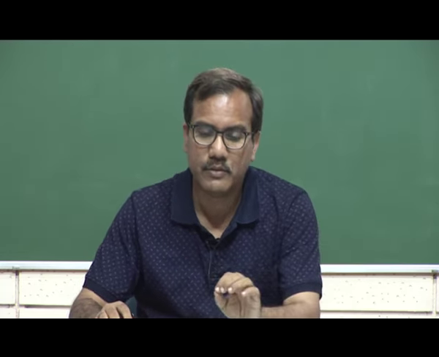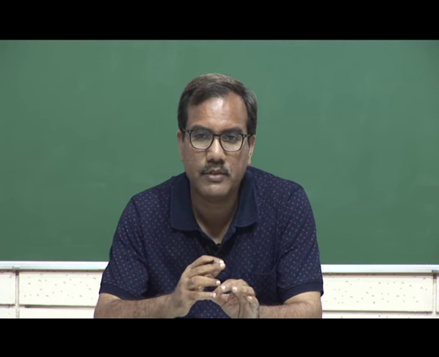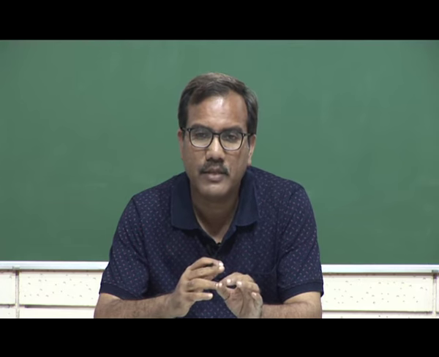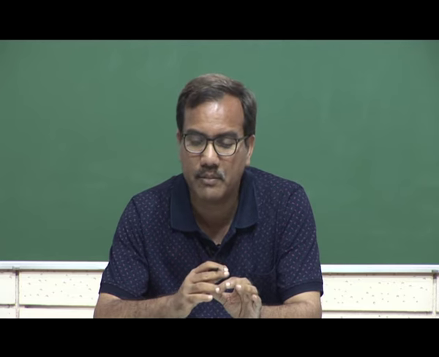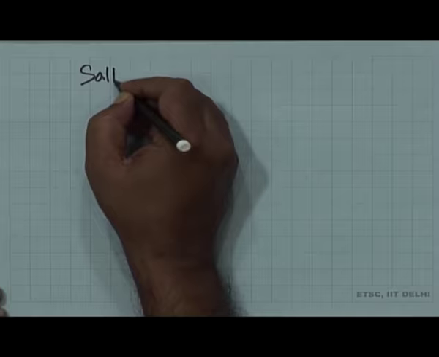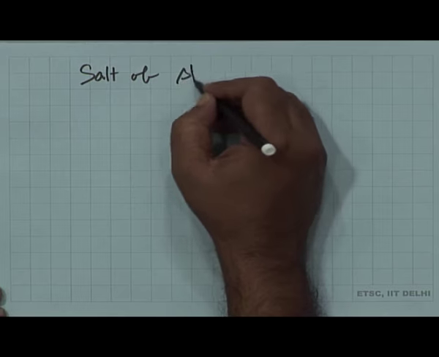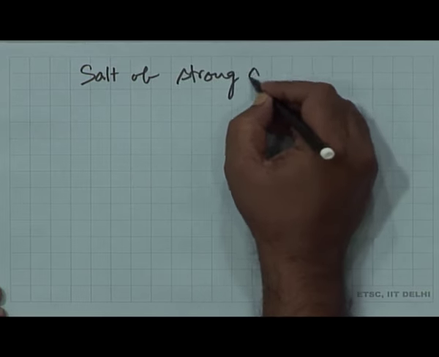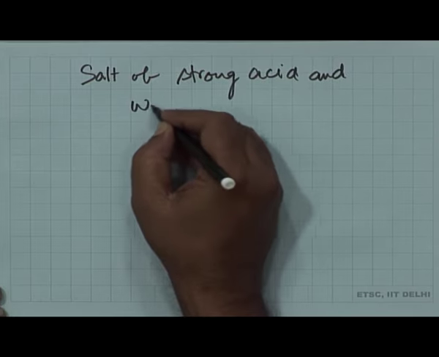So, we discussed first the salt of strong acid and strong base like NaCl, and the salt of weak acid and strong base. Now, we will discuss the salt of strong acid and weak base.